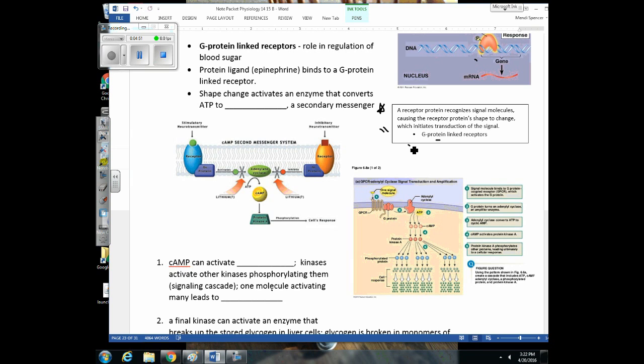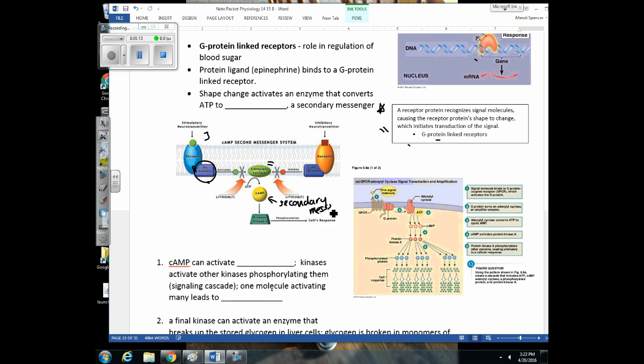We have a ligand binding to this G protein-linked receptor, and that's going to activate, ultimately, this molecule called adenylyl cyclase. And this is the molecule that activates our secondary messenger.